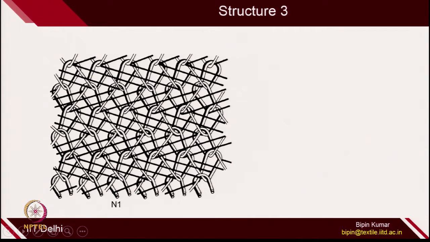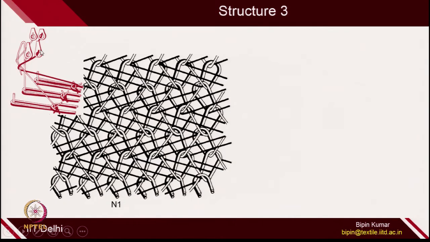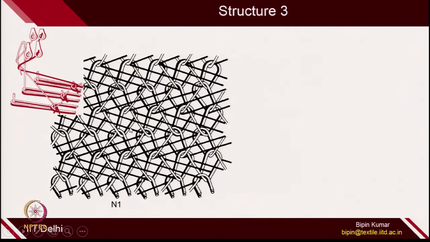So, it clearly indicates that when the loop was being formed by the needle, there were two guides interacting with the needle. At the same time, two guides are coming to the same needle. This is only possible when there are two different guide bars. One guide bar will be giving the white yarn, and the other guide bar will be giving the black yarn in this fabric structure.